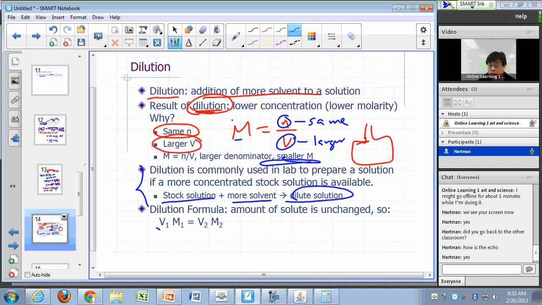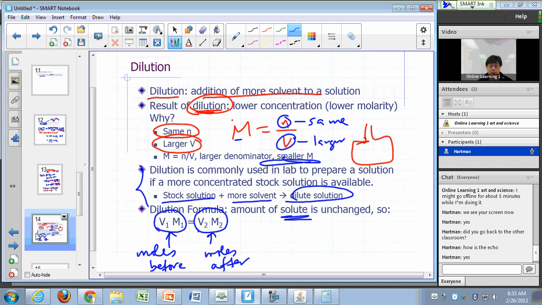So moles before, which would be volume times molarity, before you do your dilution, must be equal to the moles of solute after you've added the solvent. The amount of solute is unchanged. So moles before dilution equals moles after dilution. Okay.